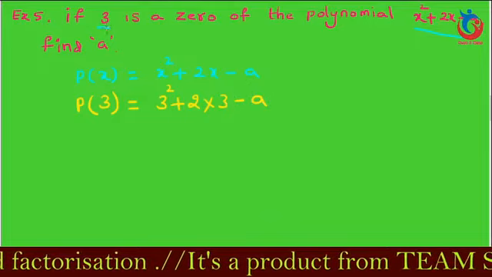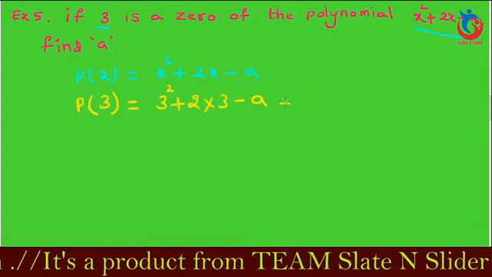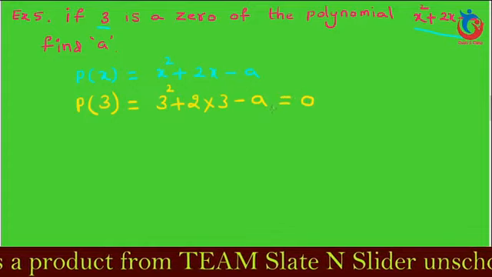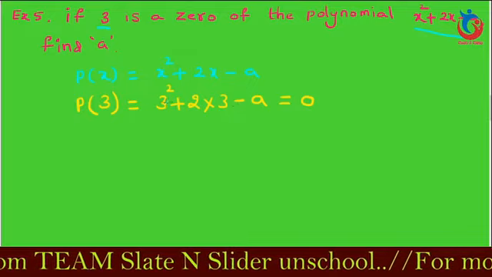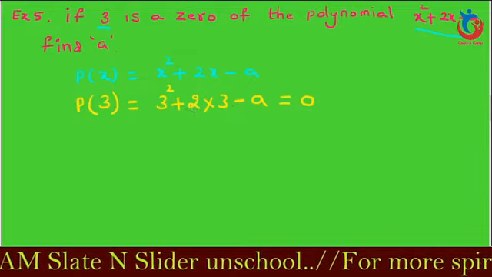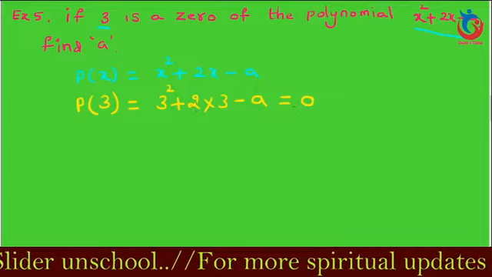By substituting 3, this total polynomial becomes 0, because 3 is a zero, he has given that. That's why I am keeping it equal to 0.